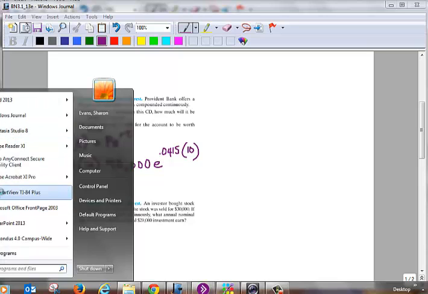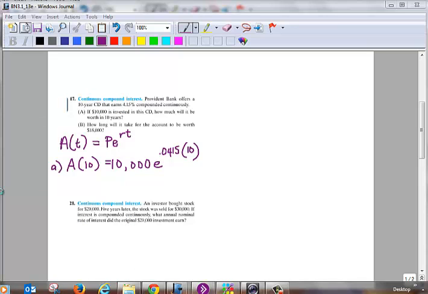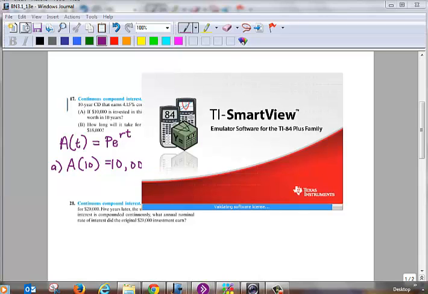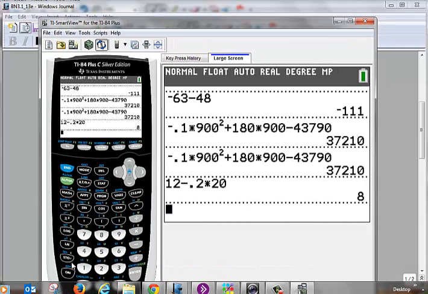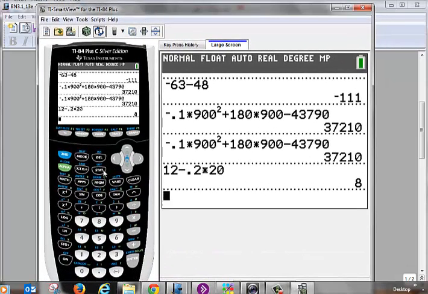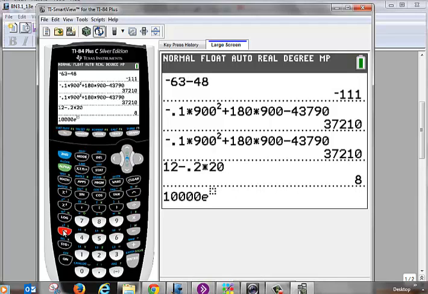this thing can be keyed into your graphing calculator, and I'm going to show this just one time because I think sometimes students make mistakes putting this in. So I'm going to make this 10,000 times e to the power of, and there is a key right above the natural log key, so I'm going to press second natural log to get e to the power of, and now my exponent is 0.0415 multiplied by 10.